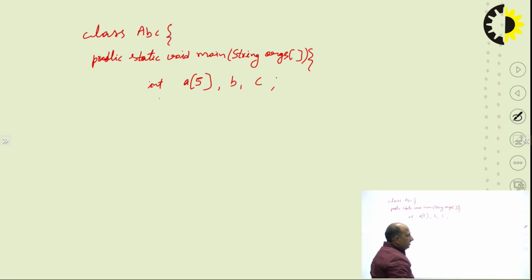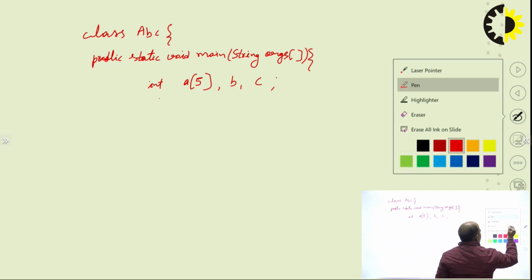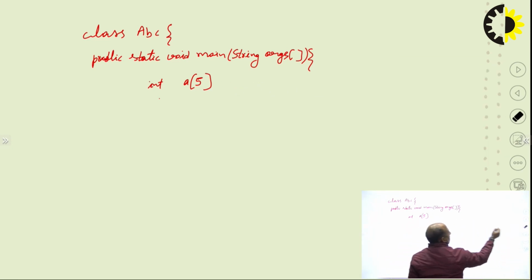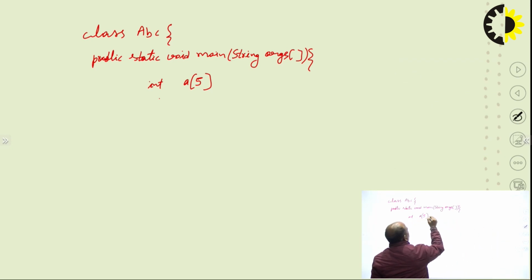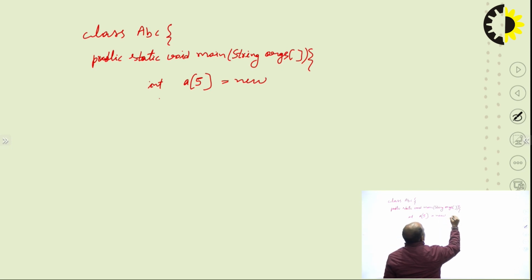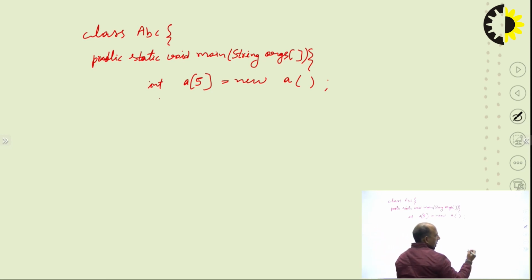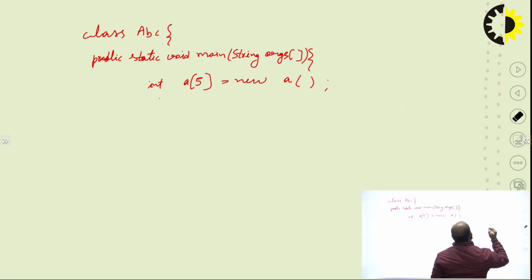Let me create the array properly. I have created the array int A[5] equal to new int. Let me make it more simple.